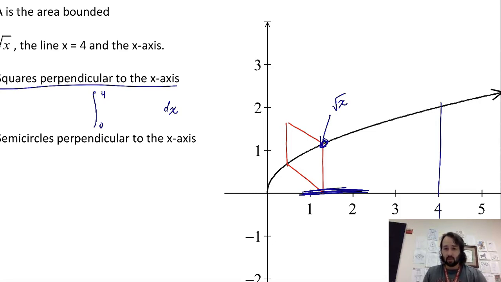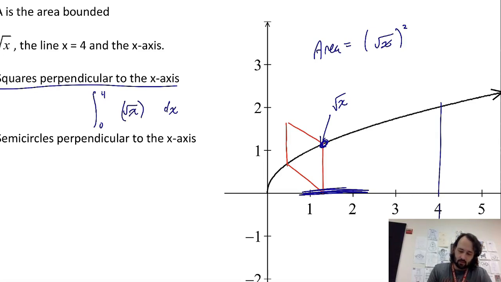So from 0 to whatever point is determined by the square root of x. The area of each square is side squared, so it would be root x squared. So the integral of root x squared dx is what I would use to find the volume of this 3D figure created.